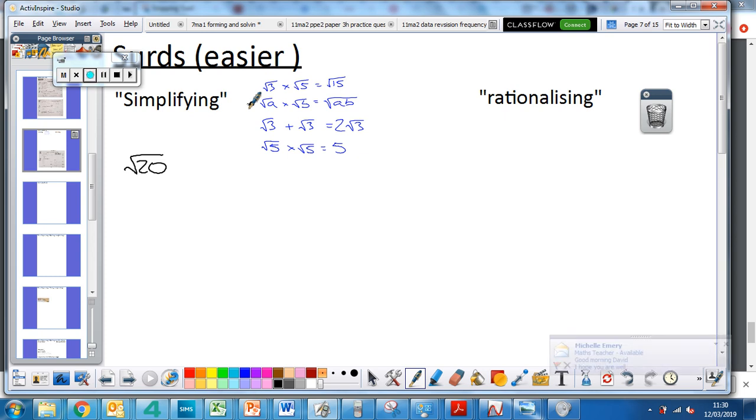Of those, one of those numbers is a square number, 4. So when you have to simplify these, you often have to rewrite them where one of the factors is a square number, root 4, root 5. Because you can then turn the root 4, because it's a square number, into 2. You end up with 2 root 5. This is one of the sorts of simplifying that you need to do.